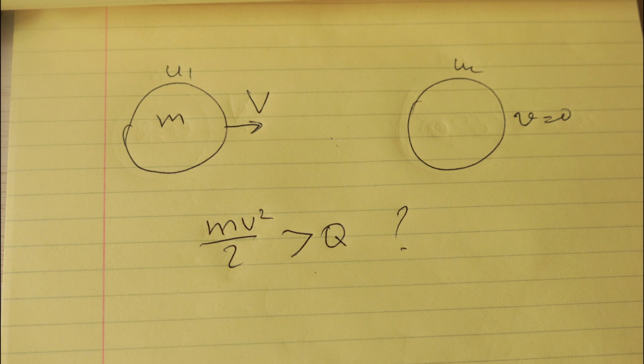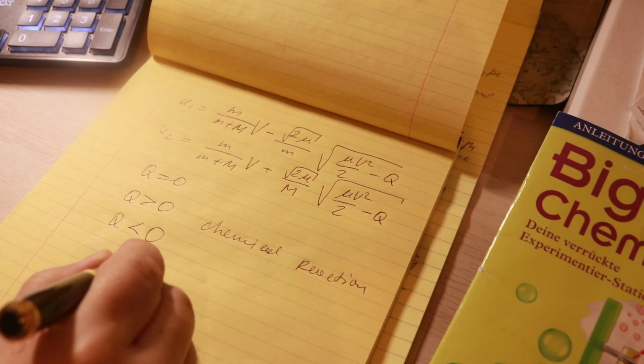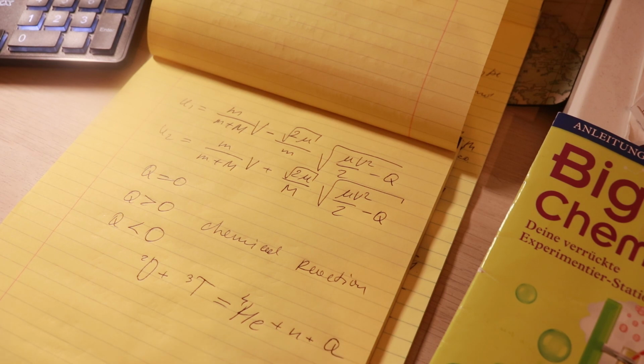You have to take into account that part of the energy of the first ball goes to moving the second one. In this case, to destroy the ball, the energy of the center of mass must be higher than Q. Only in this case do you have a chance to destroy the ball. What do you think? Can Q be negative?